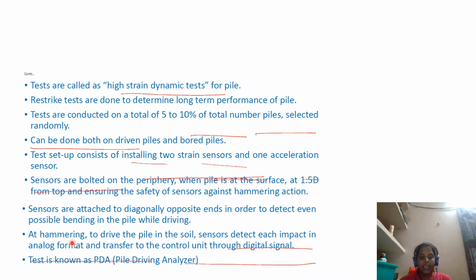When we drive the pile into the soil, the sensors detect each impact in analog format and transfer it as a digital signal. Once the impact comes, it detects the impact force and gives it to you as a digital signal.